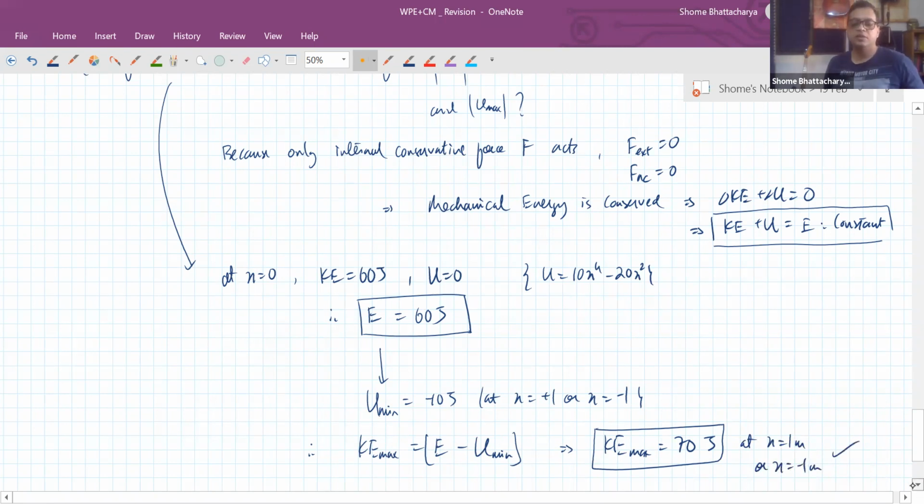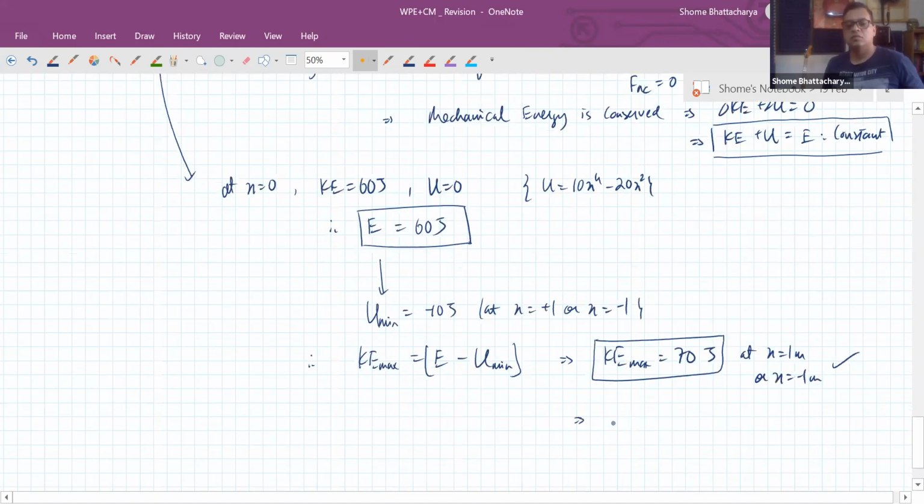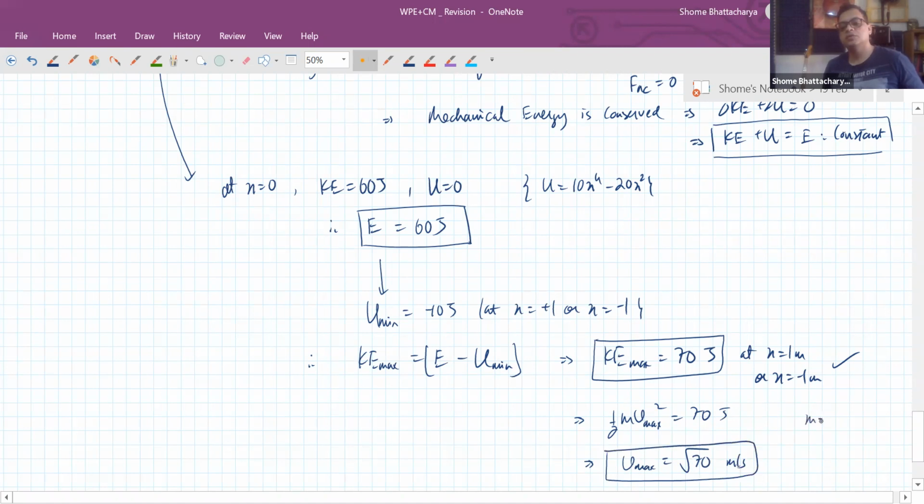From that we can see that the maximum speed the particle will have is square root of 70 meters per second, because the mass was 2 kilograms. So that's one aspect of it.